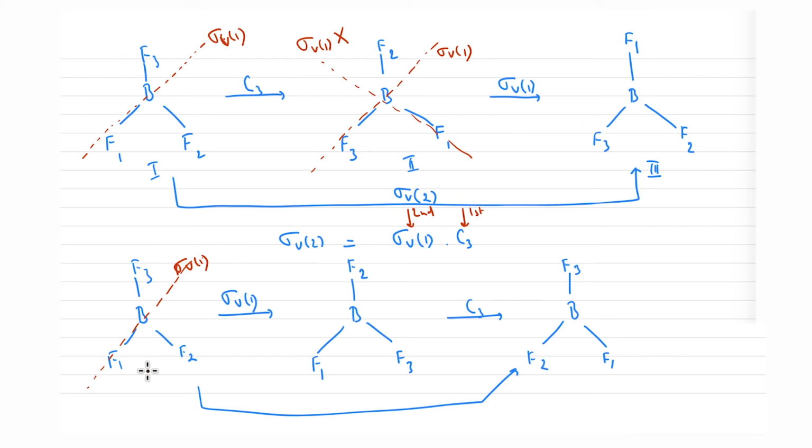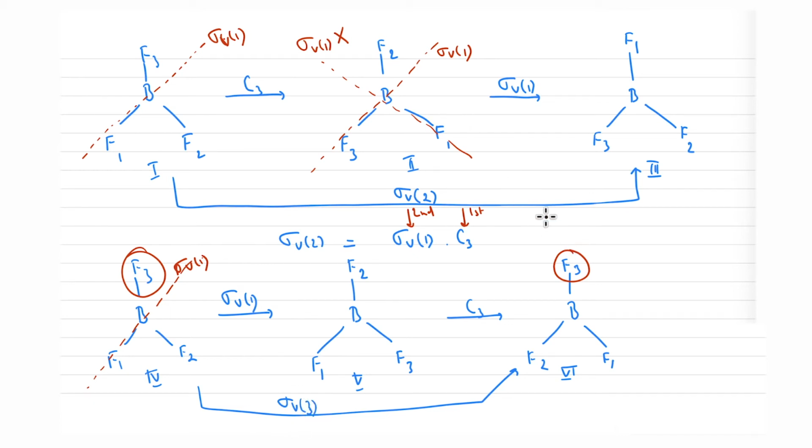So I'm comparing 4, 5 and 6. F3 is the same, whereas F1 and F2 are getting reflected. So that would be sigma V3, right?